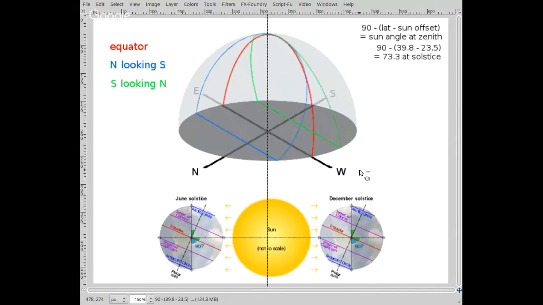Because if you figure this with this little formula, if you are at 0 latitude at the equator and the sun is not offset, that is to say, at the equinoxes, the tilt doesn't matter. So you will get no offset, so it's 90 degrees. In other words, 90 minus the difference between two equal numbers, two zeros, is going to be 90.